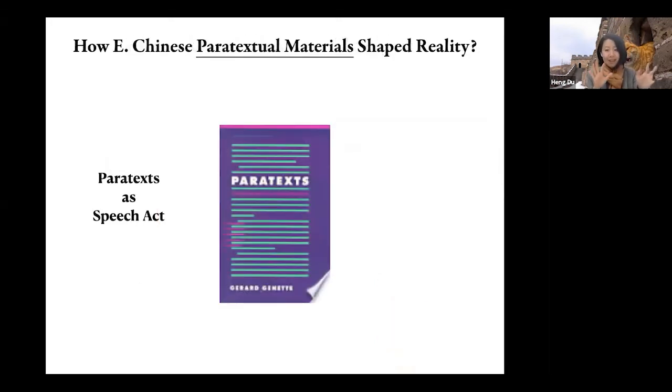So this requires another slight digression, just to make sure we're all on the same page. The notion of paratext is an important part of my work, as Avital has mentioned.